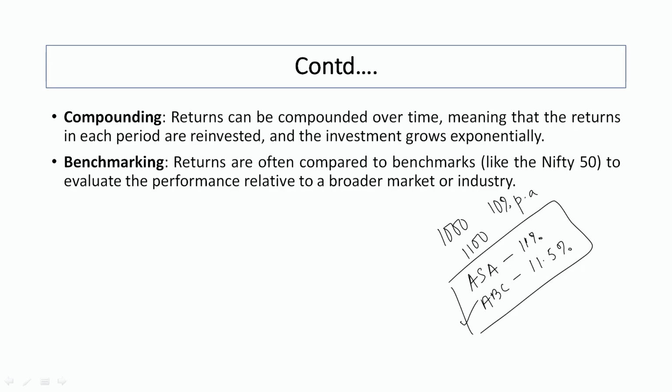But for security analysis purposes, we need to assess the risk also. Just on the basis of return, we cannot consider this particular security. We need to compare the risk of the security also. But for benchmarking purposes or for some general comparison, we can calculate the historical returns and compare them easily.